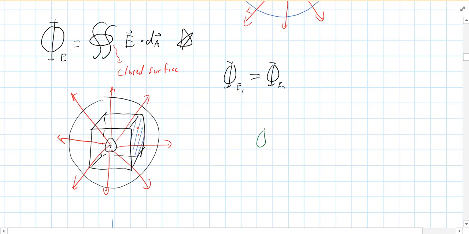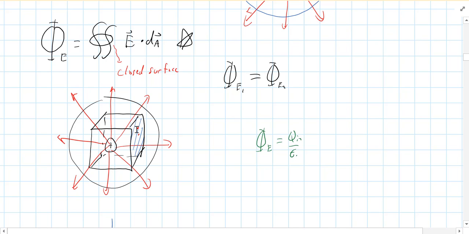We know that the net electric flux leaving a total surface is Q in over epsilon naught. So assuming this charge is centered in the cube, the total electric flux leaving the cube would be Q in over epsilon naught. How much total flux would leave one surface?